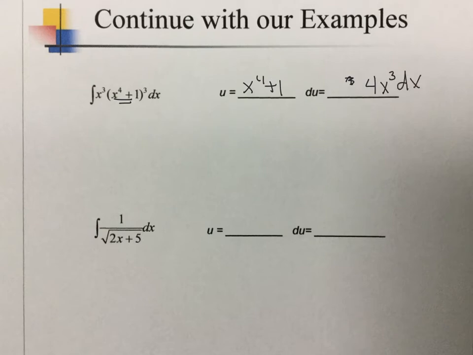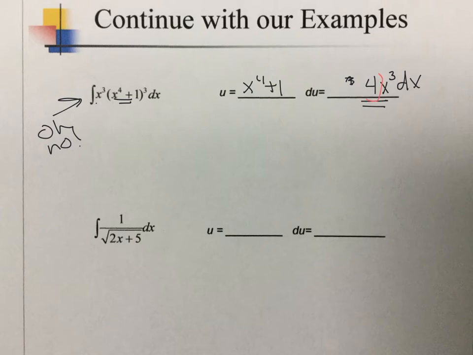So I begin to look over here and I say, okay, I've got my u raised to the 3rd power, but oh no! Okay, I don't have the exact du there. I've got x to the 3rd, but I don't have 4x to the 3rd.